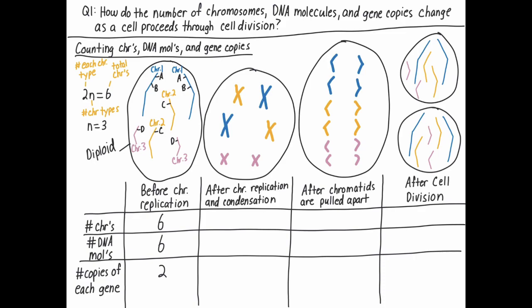After the chromosomes are replicated and subsequently condensed, each newly made DNA molecule remains attached to the original at the centromere. So these 2 attached DNA molecules are considered one chromosome. Since we started with 6 DNA molecules, and each one was copied, we now have 12 total DNA molecules.